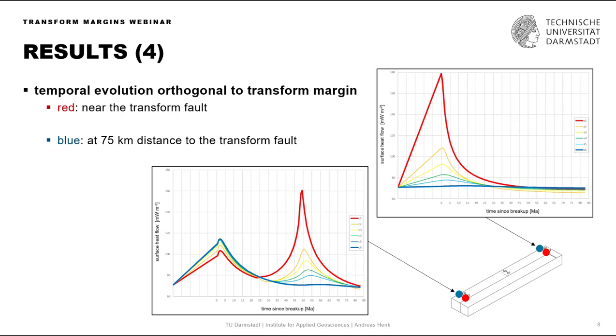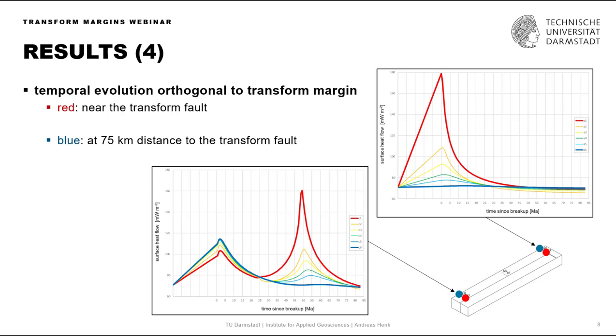These two extremes of a single and a two-phase thermal evolution can also be observed by looking at points with different orthogonal distances to the transform fault. In the figures shown on this slide, the red curves stand for points which are located in the continental domain next to the transform fault, whereas the blue curves show the surface heat flow evolution for points at about 75 kilometers orthogonal distance to the transform fault.